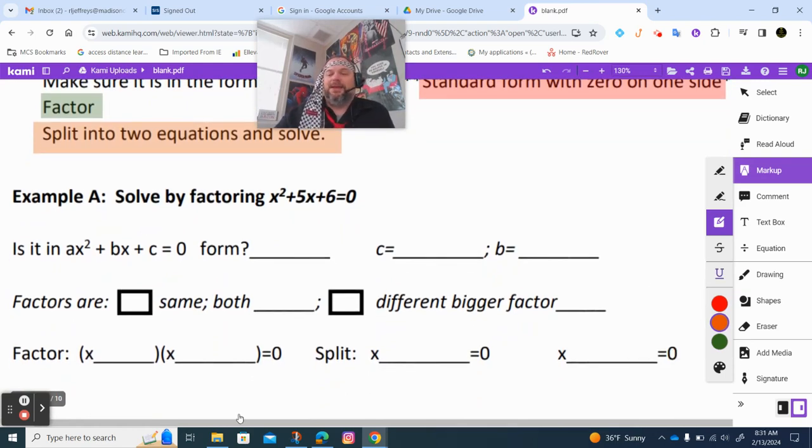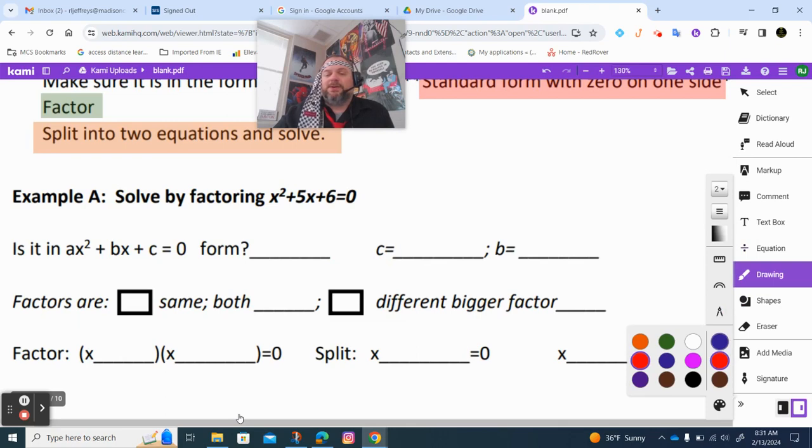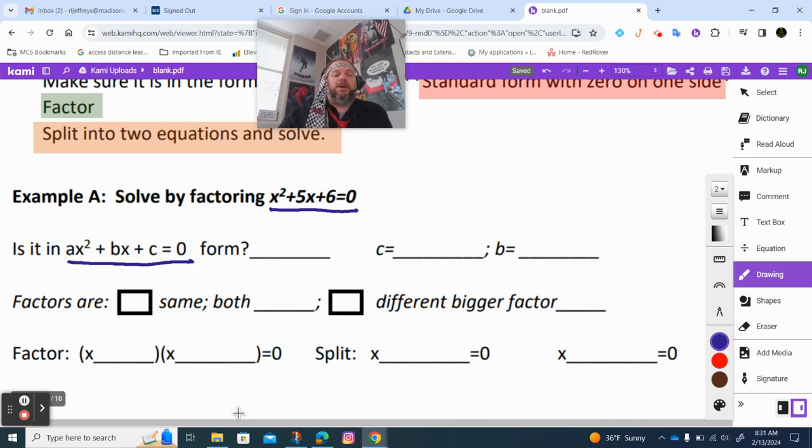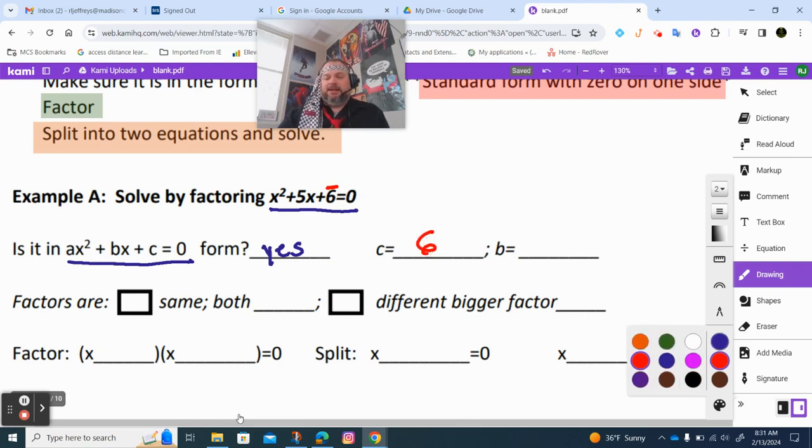Okay. So as we're doing this, we're going to factor this right here. Is this in this form where everything's on one side and zeros on the other? Yes. All right. What is my C value right here? 6.